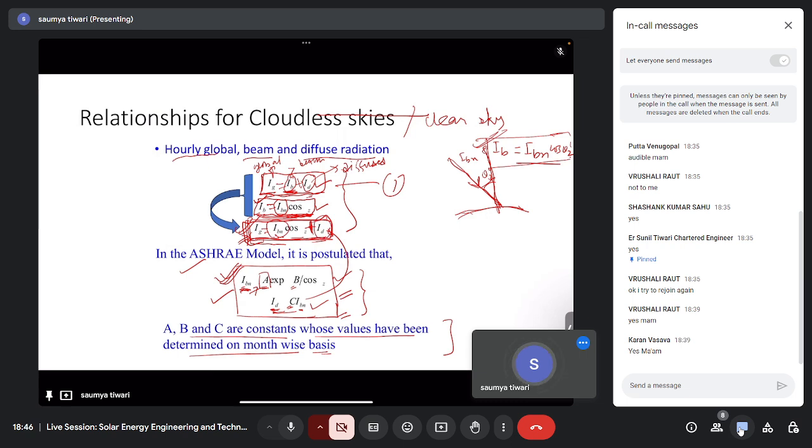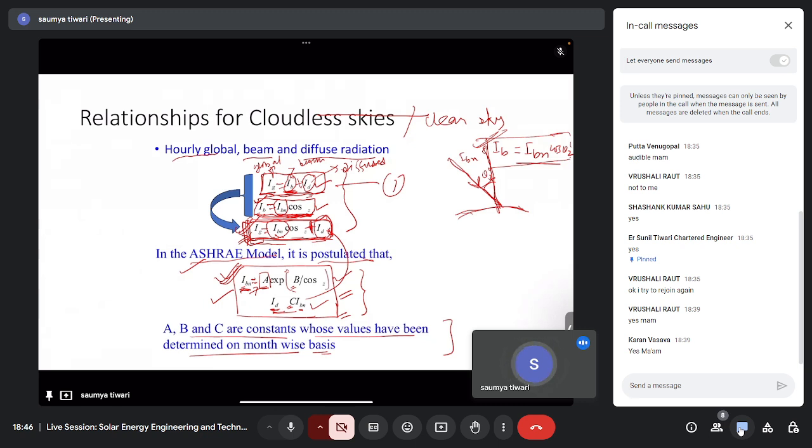The ASHRAE model has postulated that IBN can be expressed as follows. These are all empirical relations, so there is some reasoning behind deriving these formulas, but you just need to focus on what formulas are given and remember them. So A into e to the power minus B by cos theta z, as far as I remember.